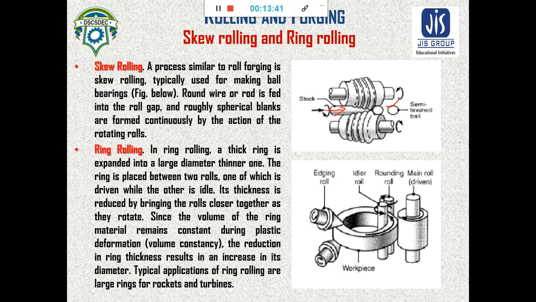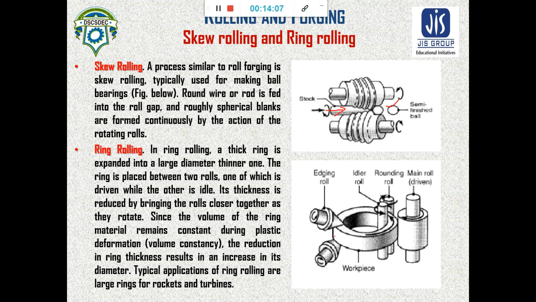Next, rings can be formed, and the diameter of the rings can be increased using rolling. In ring rolling, there is one main roll that is driven by a motor, one rounding roll and one idler roll, and there are two edging rolls.